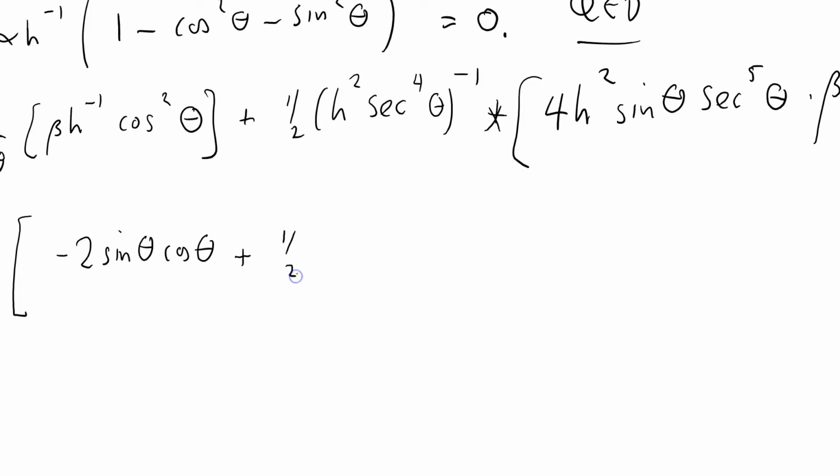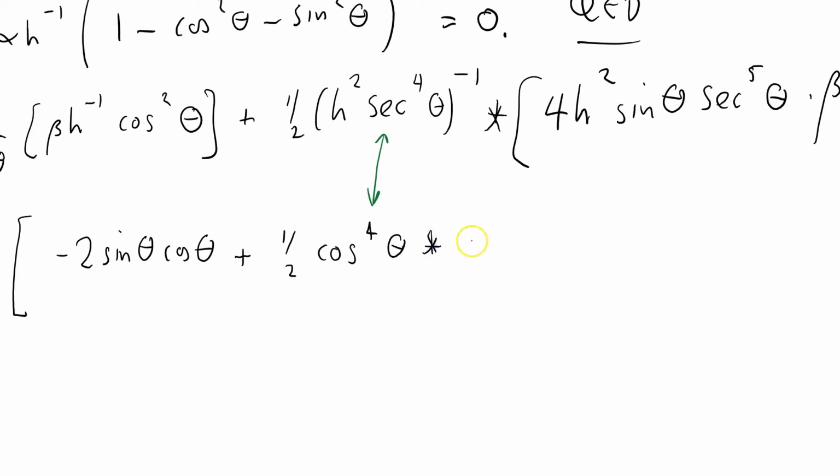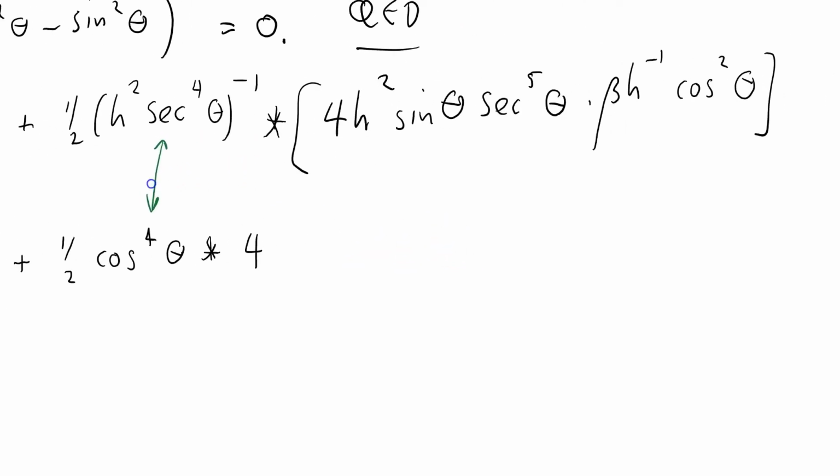We've got a half, the factor of h has come out, cos⁴θ, which is that term there, times 4. The h has gone. The beta has gone. I say gone, it's factorized. Sin θ, which is that term there, and what have we got? We've got a sec⁵θ cos²θ sec³θ.